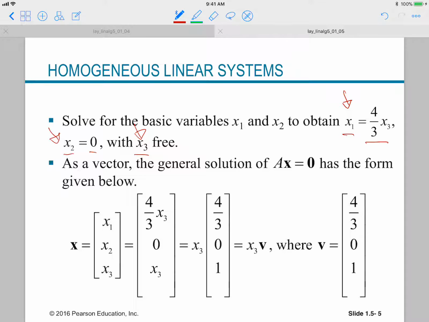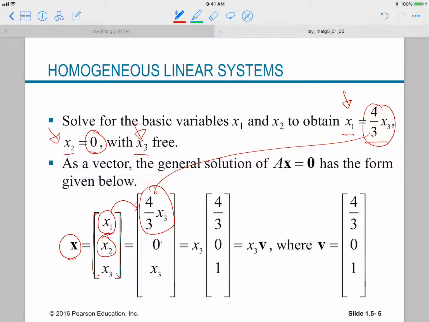In other words, let's think about our solution vector in this form: x1, x2, and x3 as just a column vector. And then x1 will be represented in terms of some free variable, right? Because we moved our free variable to the right hand side, right? And so from here we bring this guy here, right? And x2 is 0, right?